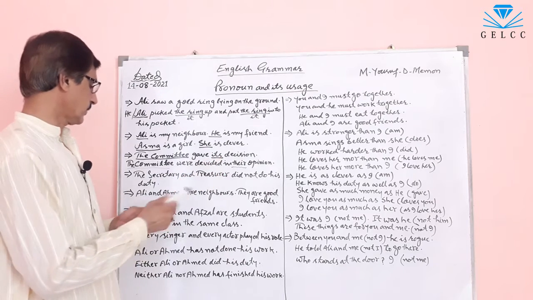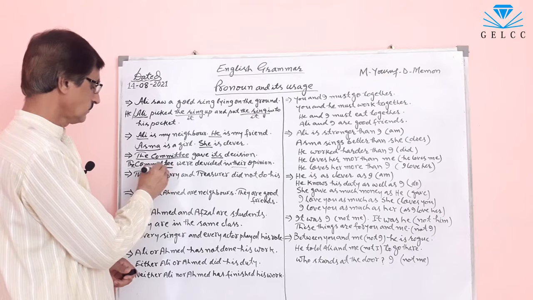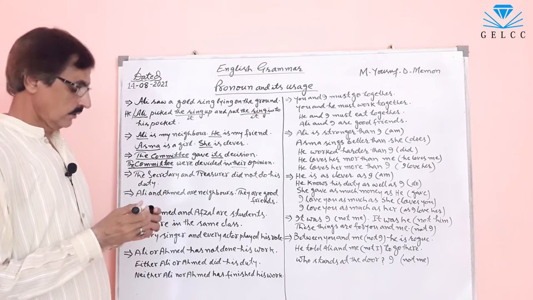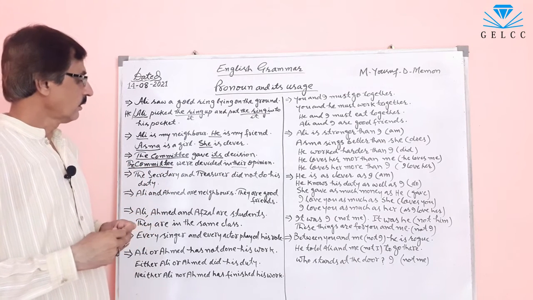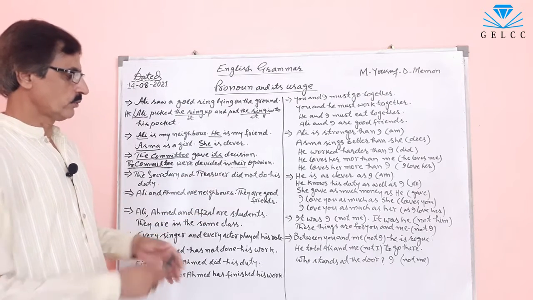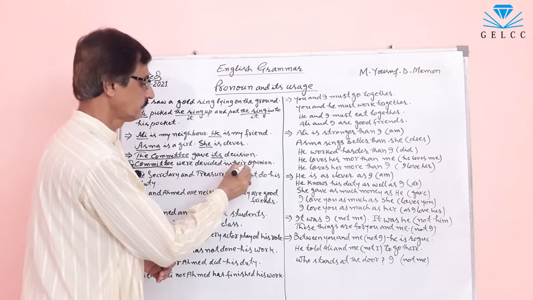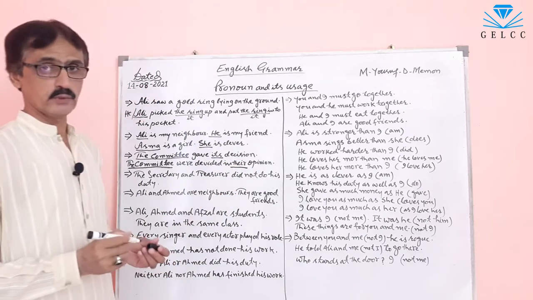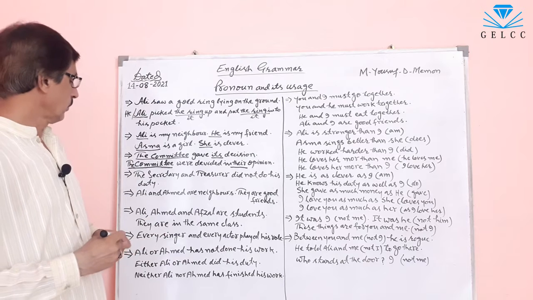In the second sentence, the committee is considered for individuals, different individuals. So we used the pronoun their. This is the second usage of the pronoun.